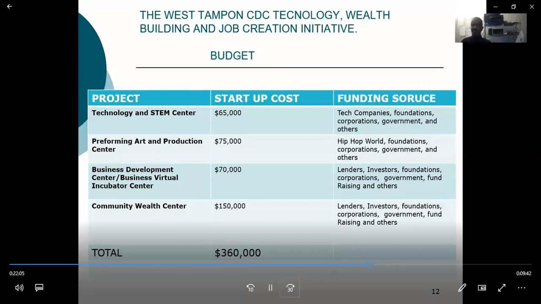The other thing is the Business Development Center, in which we're looking at $70,000 as a startup. And we're looking at fundings from lenders. From these particular projects, we're looking at money from lenders, money from investors, and the foundations and corporations.